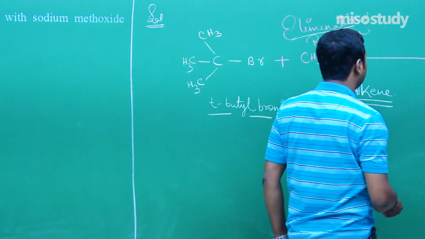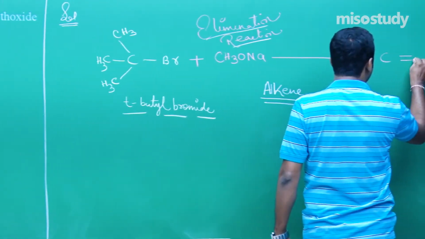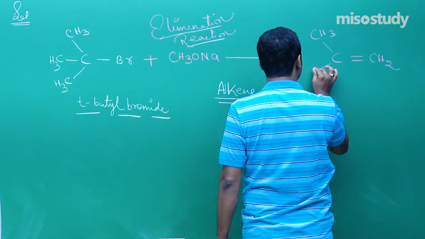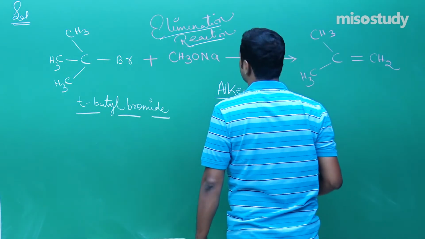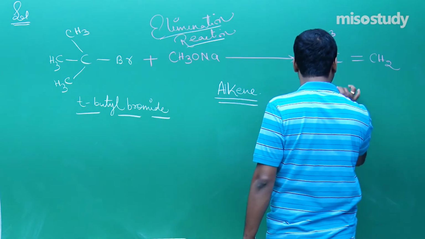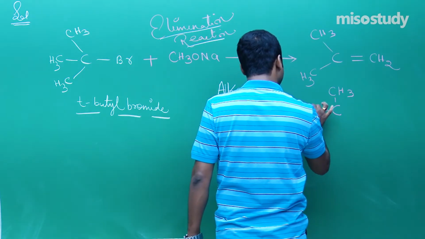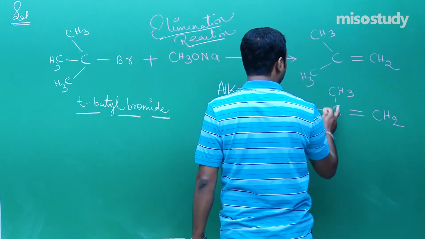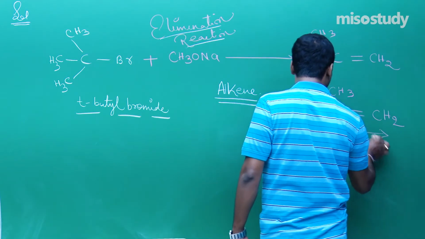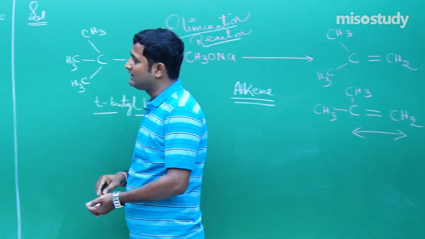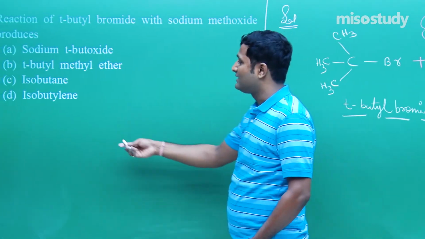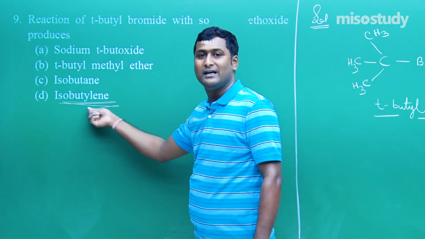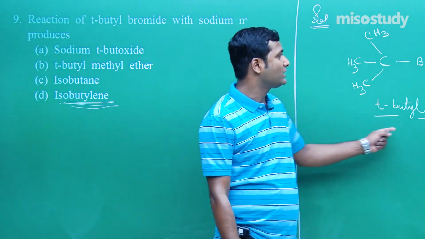It gives you a product that is CH3, C, CH3, which can be written like this, CH3 double bond CH2, with 1, 2, 3 and 4 carbon, that is butene, isobutylene. So in this case, the correct answer is alkene with double bond, isobutylene. Clear to you?